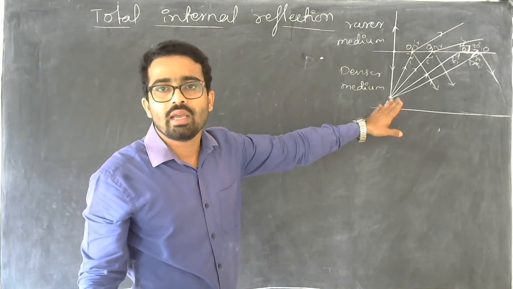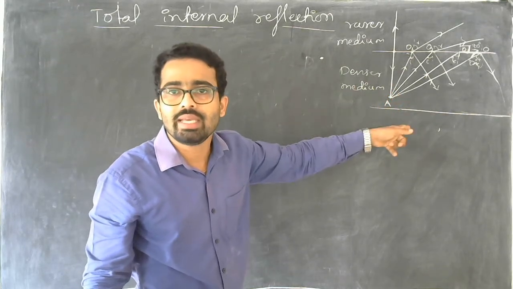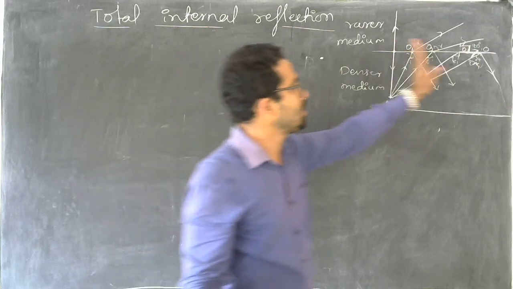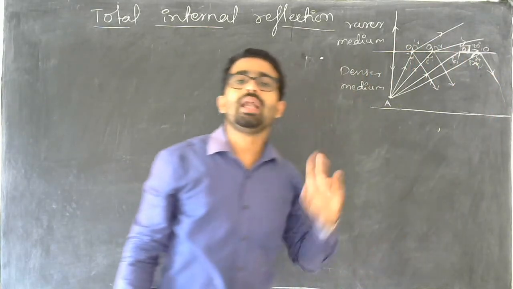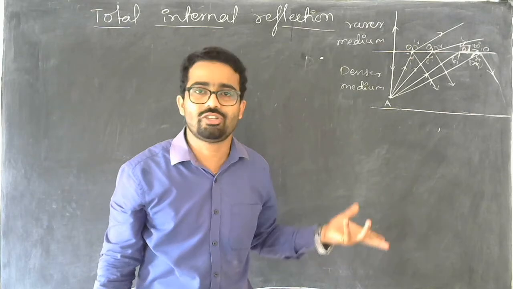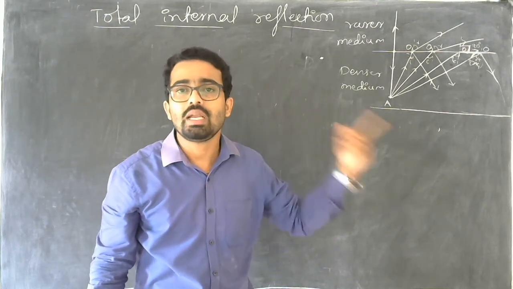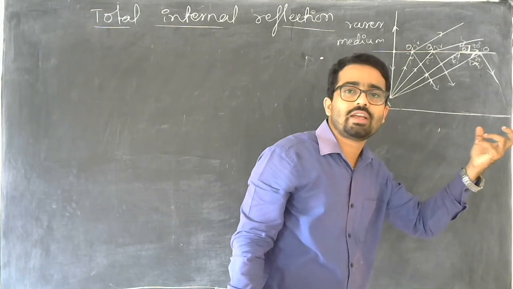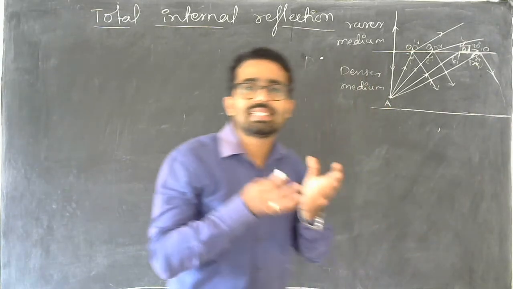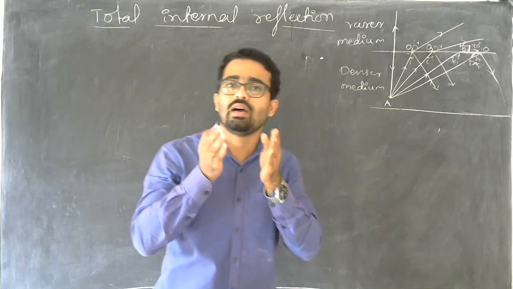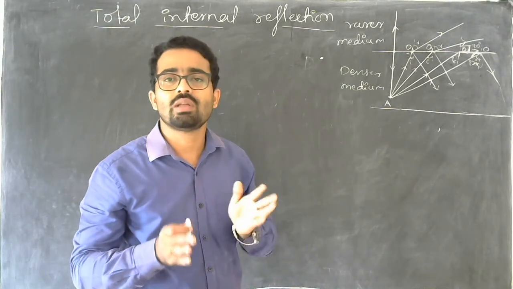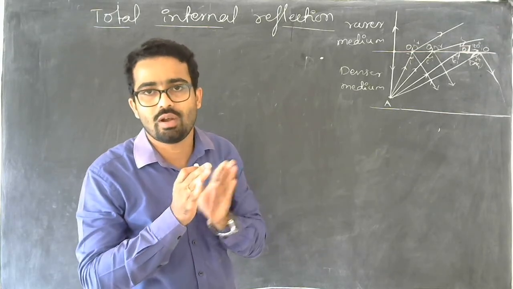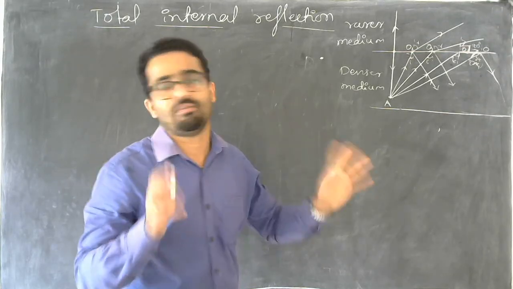If the ray is continuously incident at an angle greater than the critical angle, then it will undergo multiple reflections and will not come out. This reflection happens inside one medium, that is why it is called internal reflection, or total internal reflection.